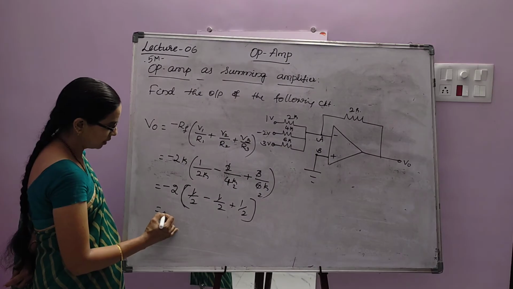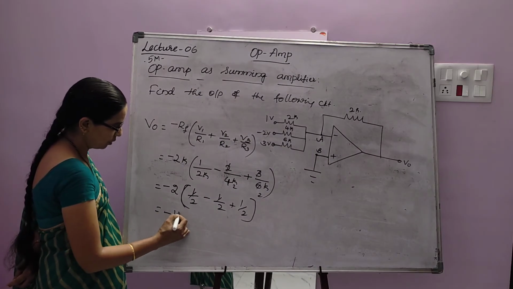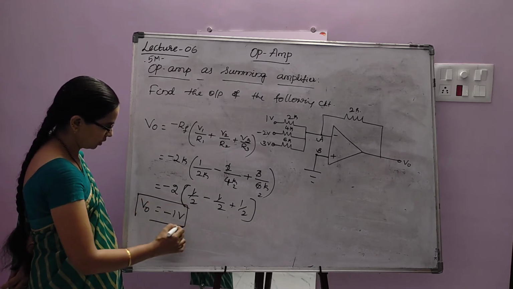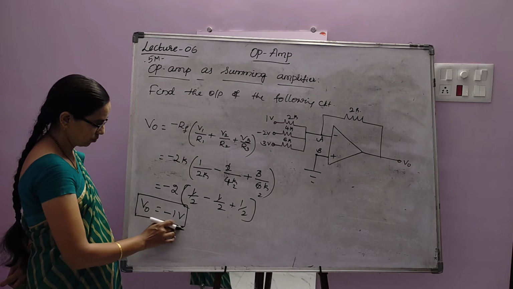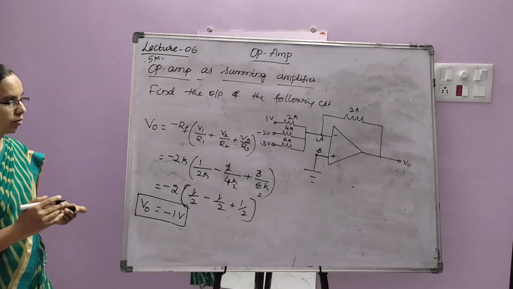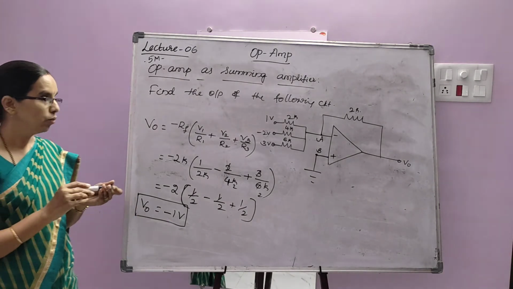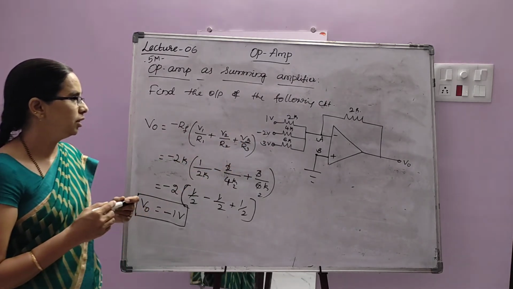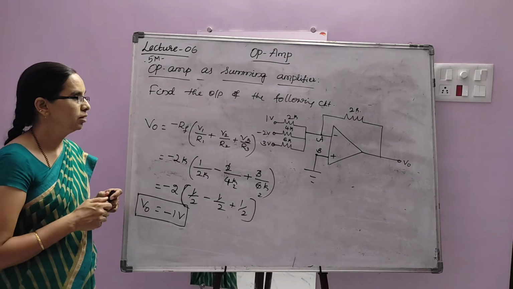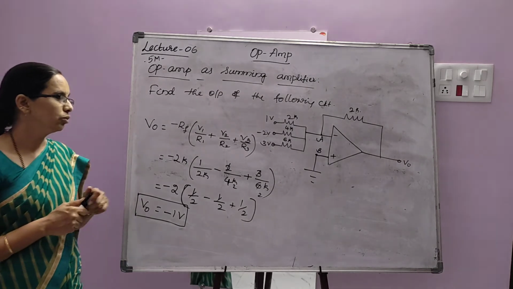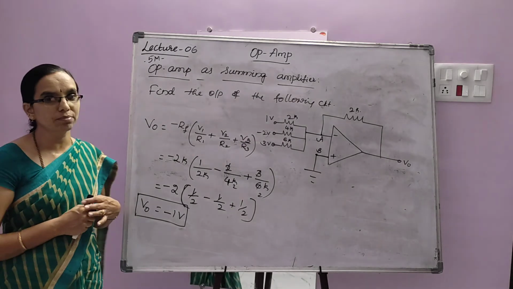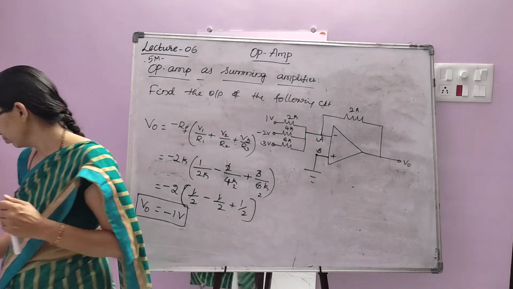So it will be minus 1 volt is the output voltage. So what is the input applied here? 3 volt, minus 2 volt, 1 volt through these resistances. So we have got the output voltage as minus 1 volt.